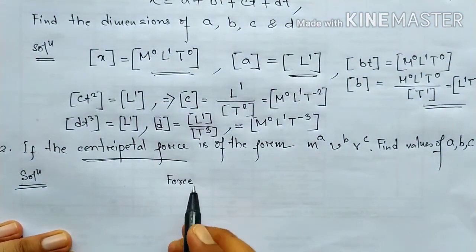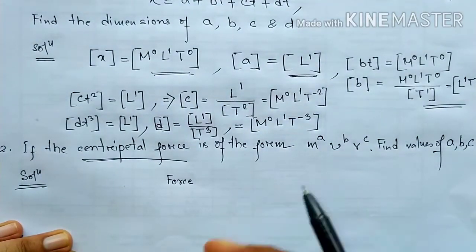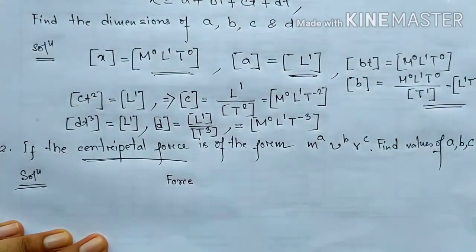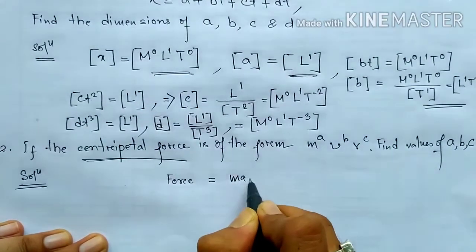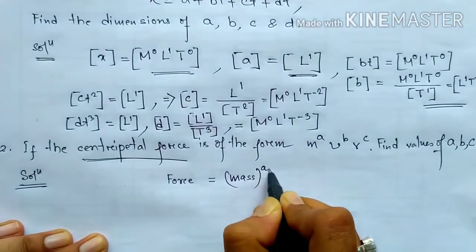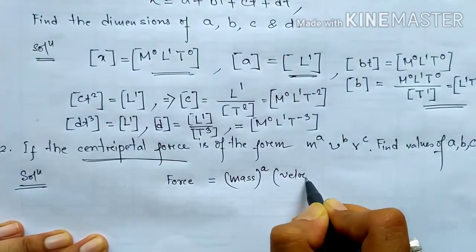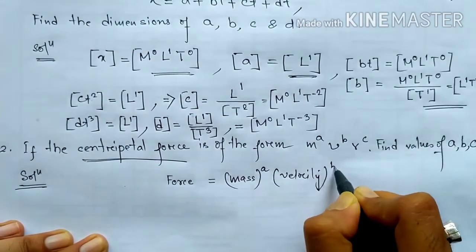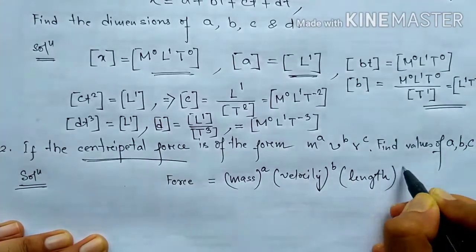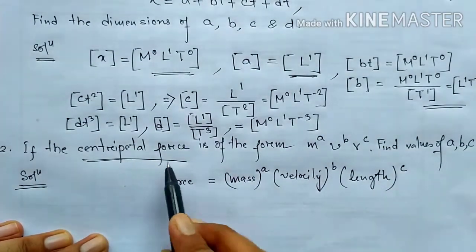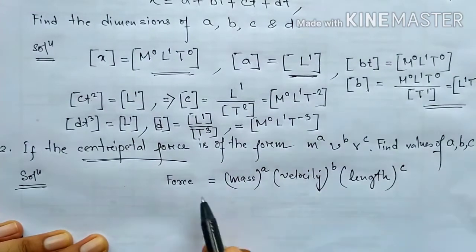Dimensionally, force is of the form mass to the power a, then velocity to the power b, and then length or distance also we can say, no problem, to the power c.